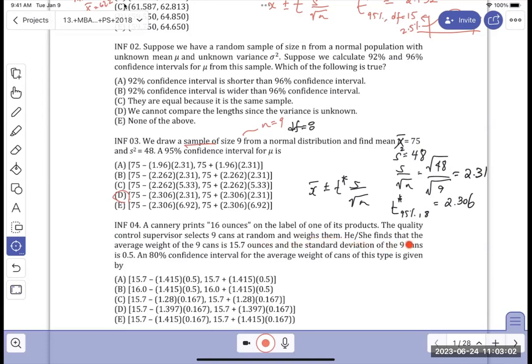He finds that the average weight of 9 cans is 15.7 ounces and the standard deviation is 0.5. An 80% confidence interval, and so on. So 9 is N, so degrees of freedom is 8.